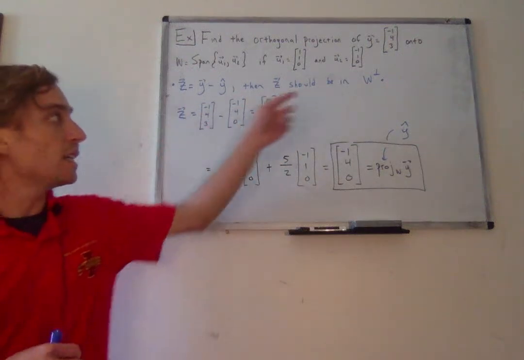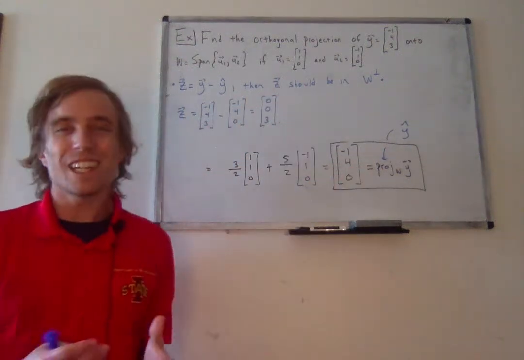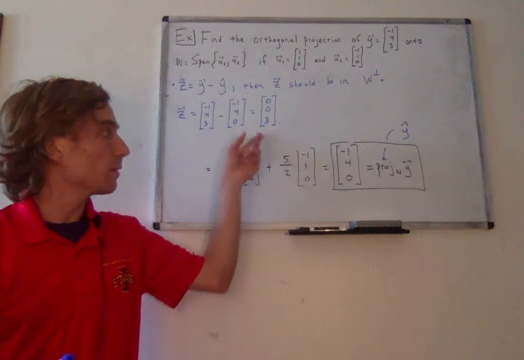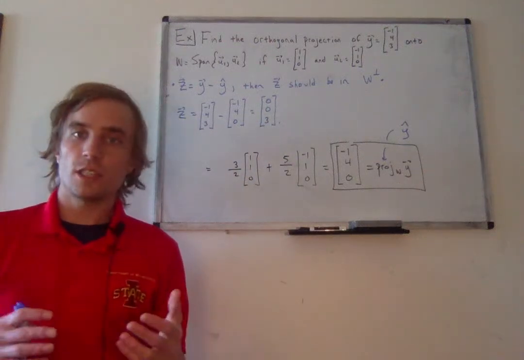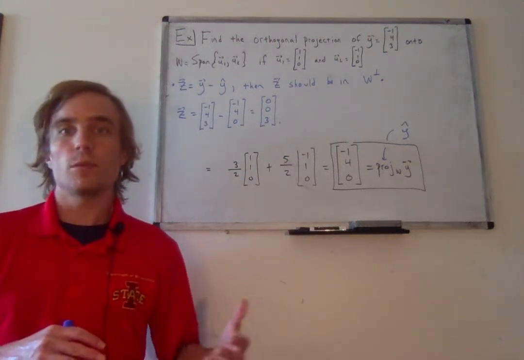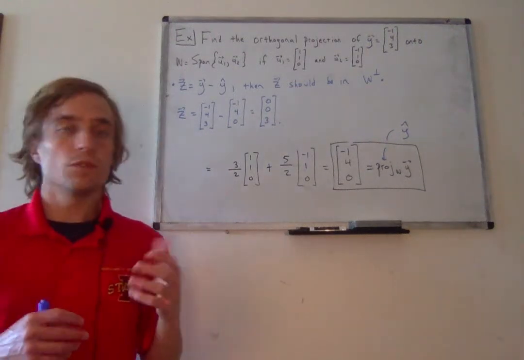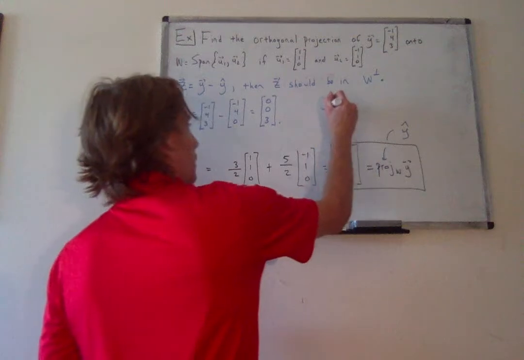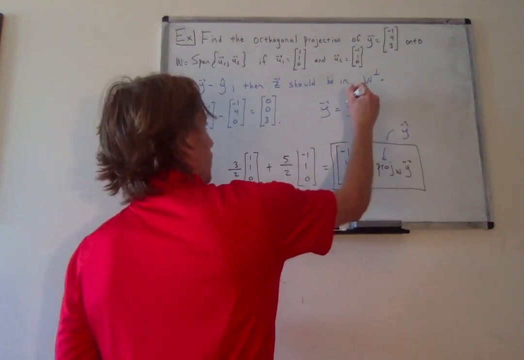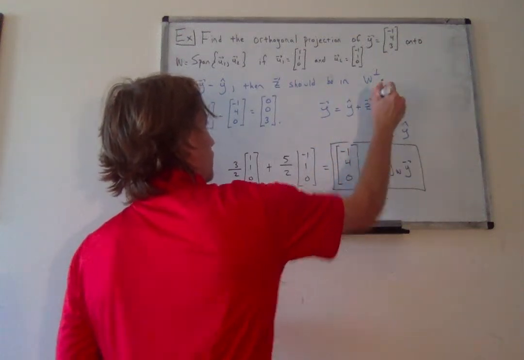So z is in fact in W perp, meaning it's highly likely that we calculated this vector correctly. In fact, it's guaranteed, because the orthogonal decomposition theorem says that this decomposition of y equaling y hat plus z should be unique.